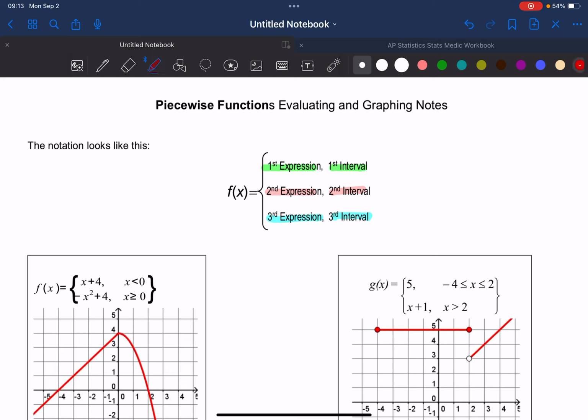When I say expression, that means it is without an equal sign. And when I say interval, think about domain. Okay, so we have a piece of a function, an expression, within a specific domain.